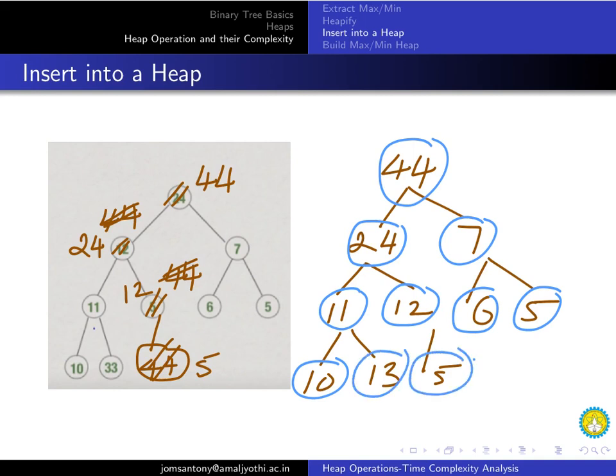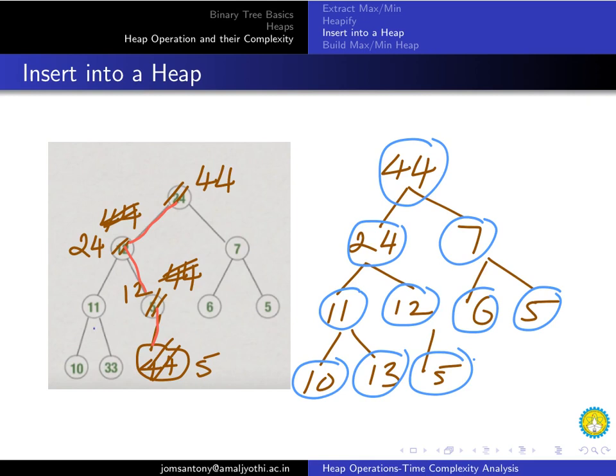Now in doing so, the complexity is similar to the Heapify operation. You can see that the number of swap comparisons and swapping is performed at all the levels till you reach the root. It means that you are tracing the height of the tree.